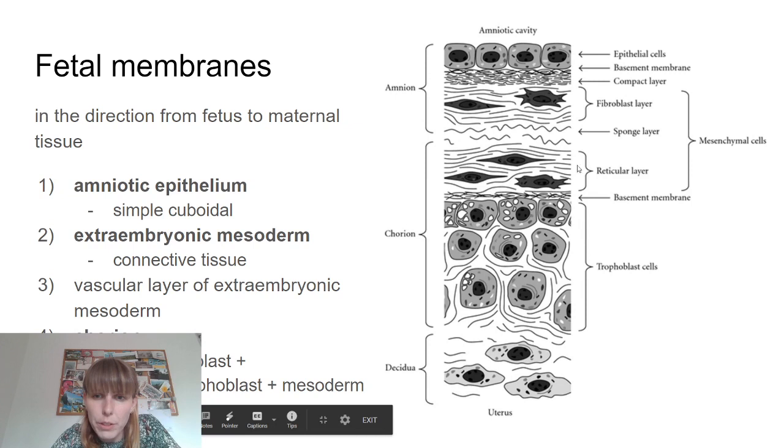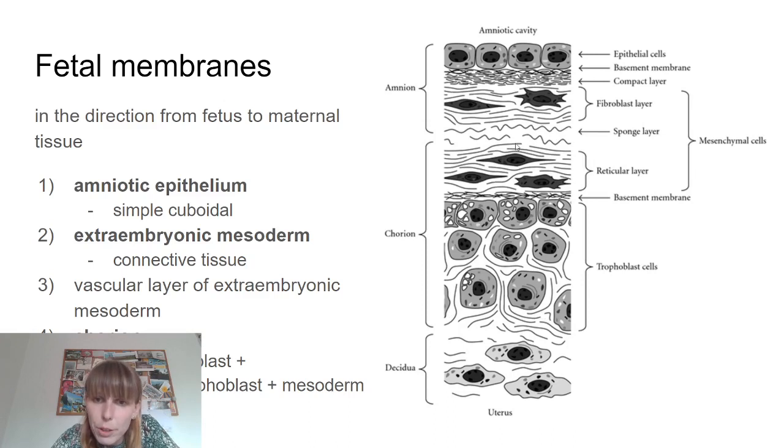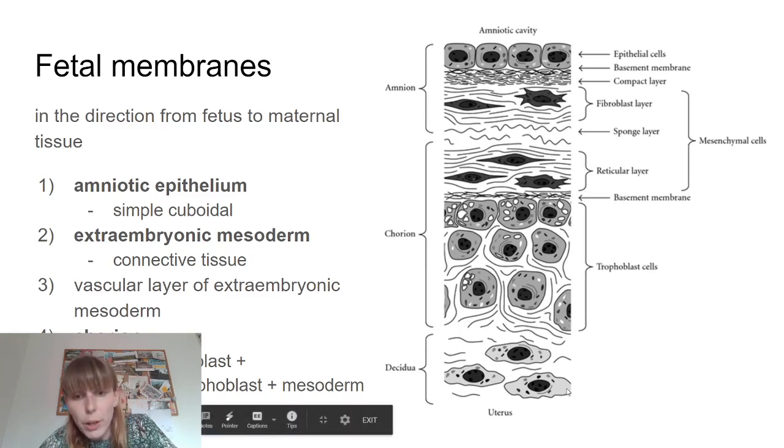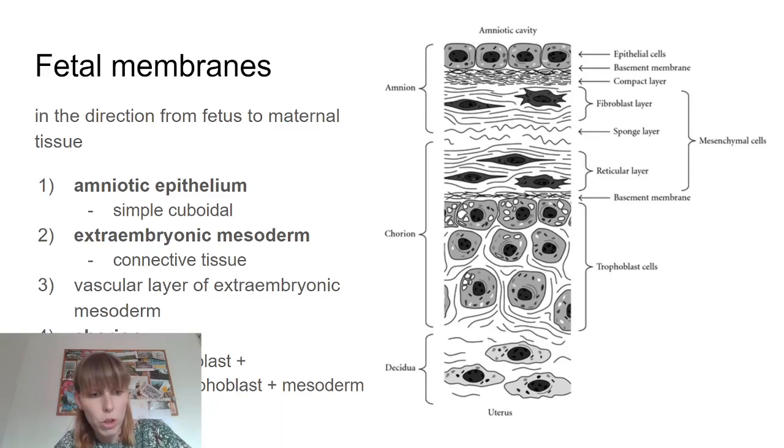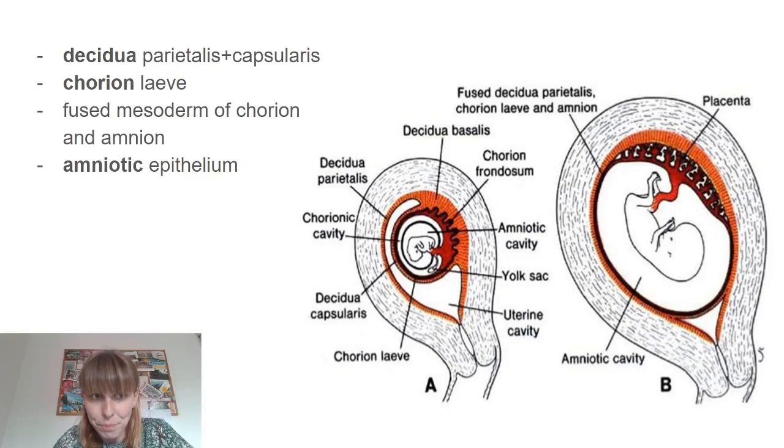So mesoderm is here between amnion and the cells of chorion, the trophoblast part, and the mesoderm is both part of chorion and amnion, but it's fused. So it moved so close together that it fused. So we have amniotic epithelium, extraembryonic mesoderm, cytotrophoblast and syncytiotrophoblast, and then the decidua, which will be once again very easy to recognize because of these huge decidual cells.